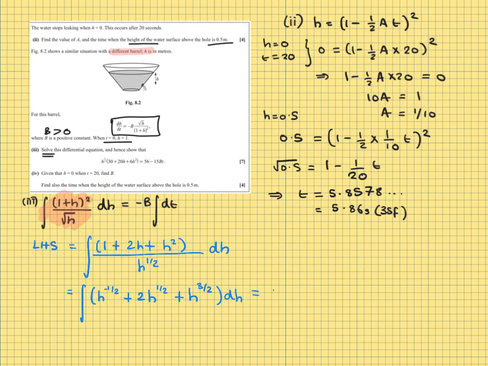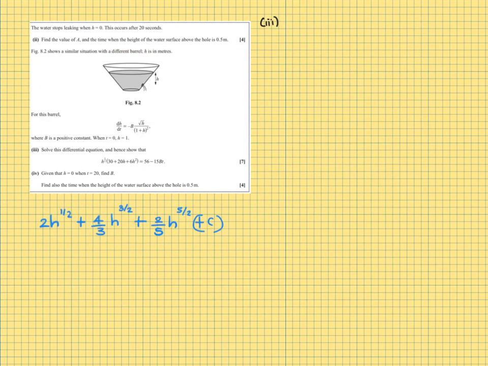So this gives us 2h to the half, plus 4/3 h to the power of 3 over 2, plus 2/5 h to the power of 5 over 2, plus a constant as well. So let's go back to the differential equation. And here we have the left-hand side. And on the right-hand side, we will simply get negative bt.